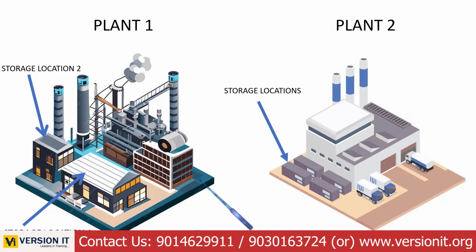But can we directly store the products under the plant? No. Under the plant, we will have storage locations, which are different rooms or different open areas within the plant premises. In that area, we store the products. So why should we have different storage locations? One storage location for one specific kind of products, another for another kind, and one only for receiving purposes.